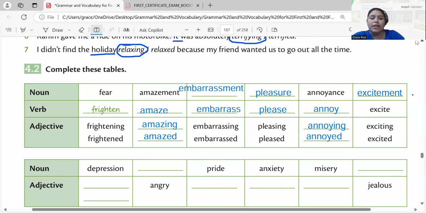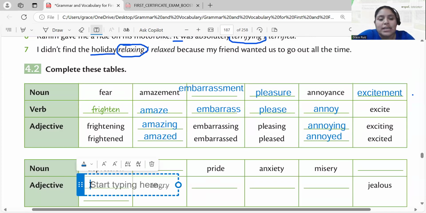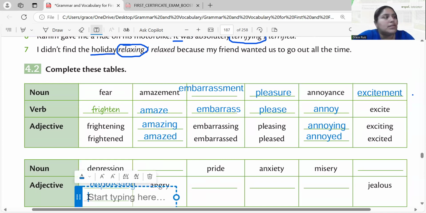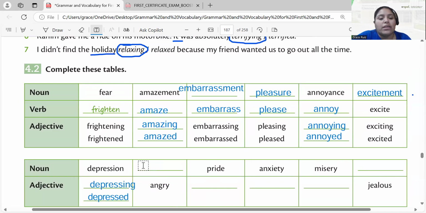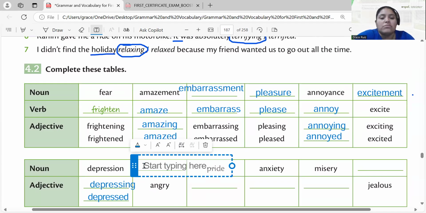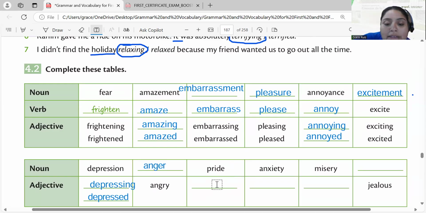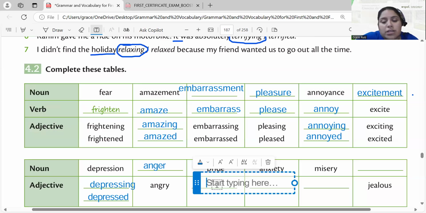Okay. Then here we go with depression. The adjective will be depressing or depressed. Now here we go with angry. The noun will be anger. And angry is just one adjective that you can use across the thing. Pride, okay? And then you feel that somebody is very proud.